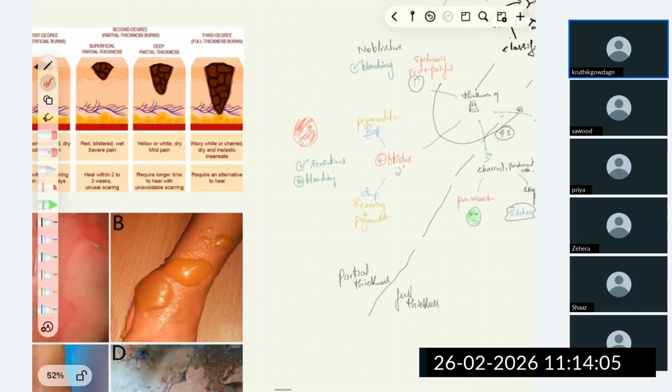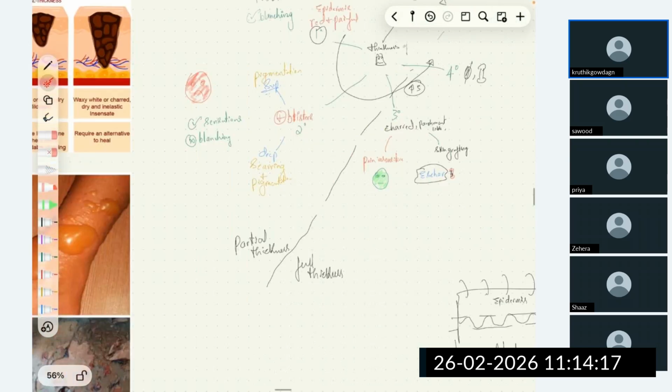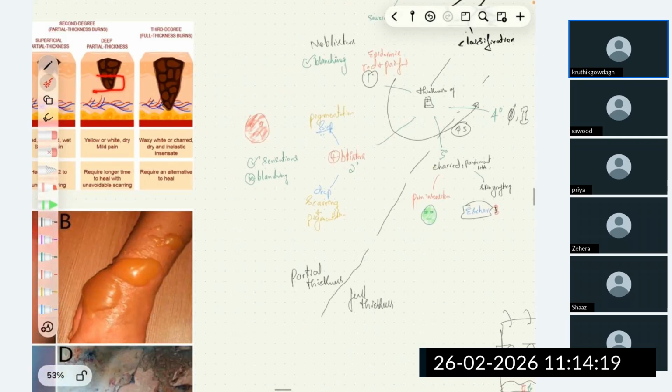the deep second degree burn, as I already mentioned, involves full thickness of epidermis, full thickness of papillary dermis, and part of reticular dermis. When the reticular dermis is involved, it usually heals by scarring, along with pigmentation.